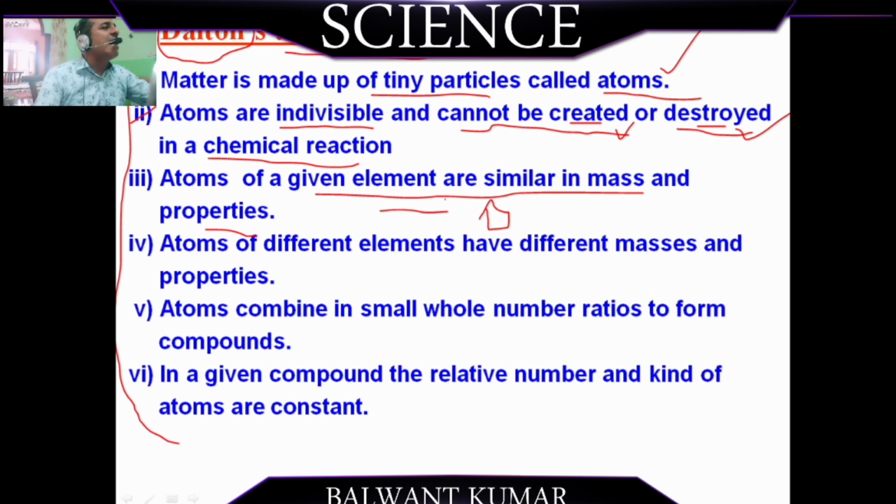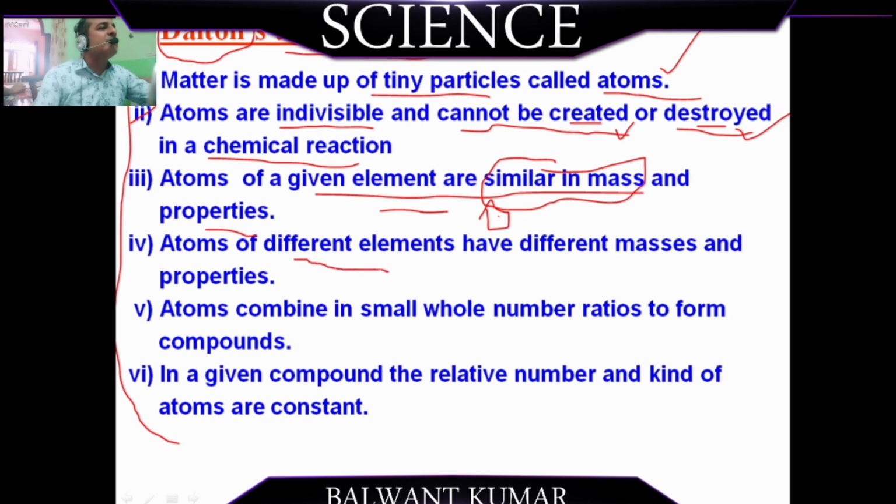You will find that the atoms of both samples of the given element are similar in mass and properties. Mass and properties of the atoms of both these samples will be the same.